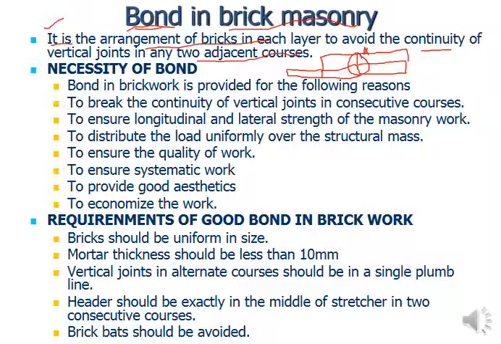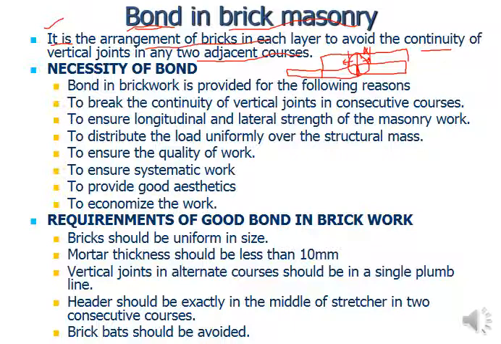To avoid that situation, we can use the bricks in such a way that if a vertical joint comes in one course, then above that, the bricks of the consecutive course are laid so that they divide the dimension of the bricks, along the header or along the stretcher, equally on either side of the joint in a particular course.